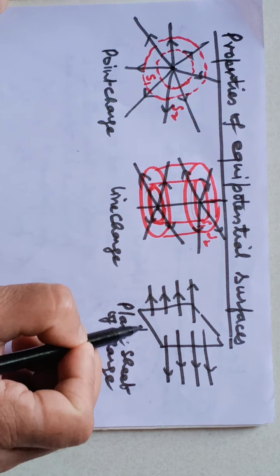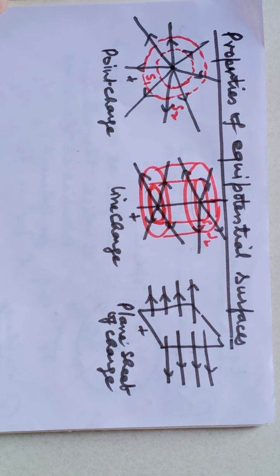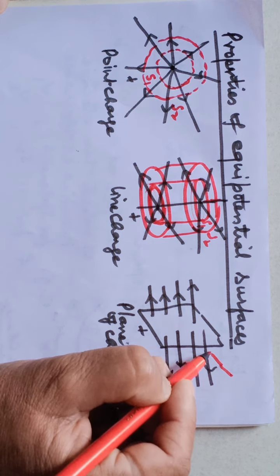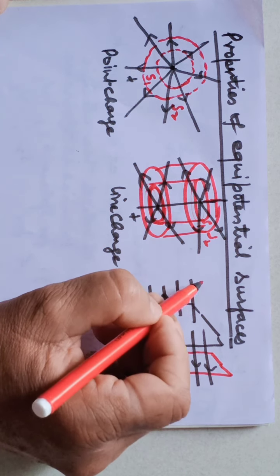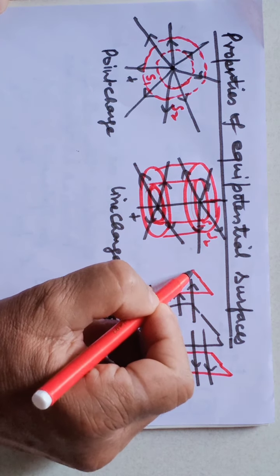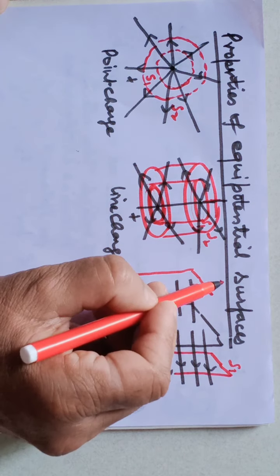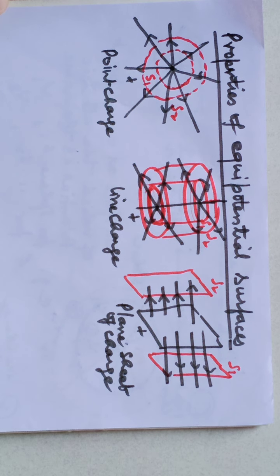We are considering positive charge only here. Now the equipotential surfaces for this sheet are planes parallel to the conductor sheet. This is S1, S2 on either side. There are several equipotential surfaces.